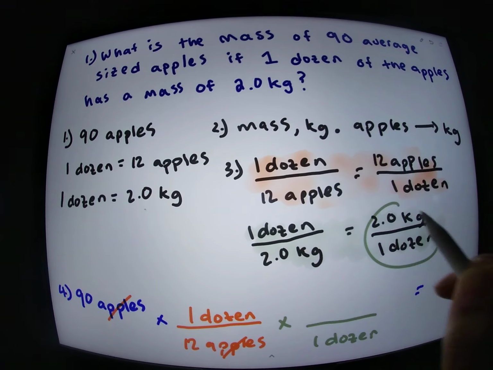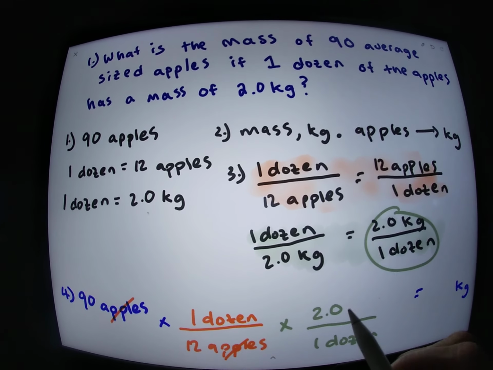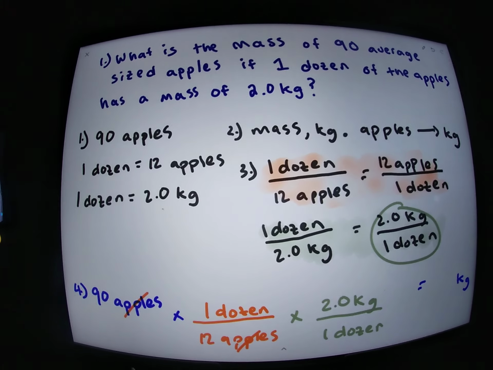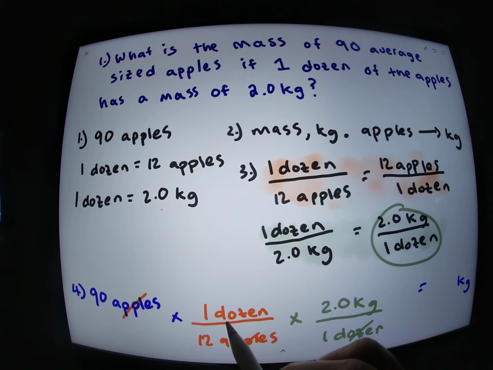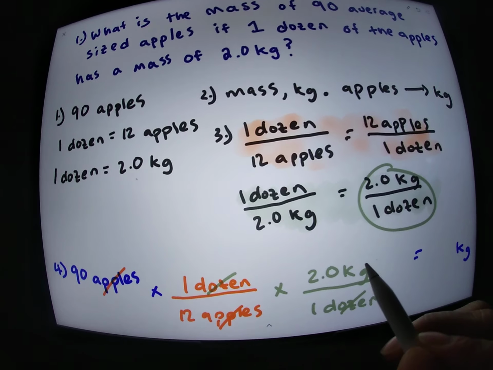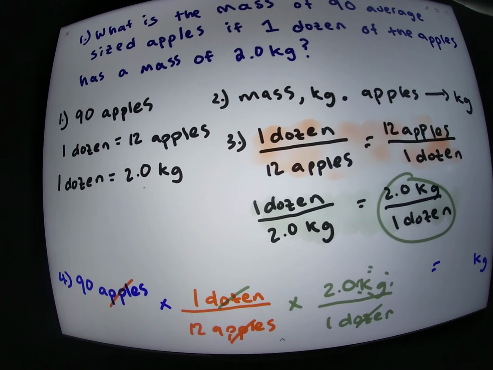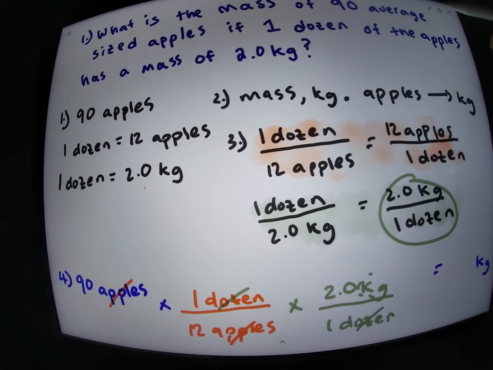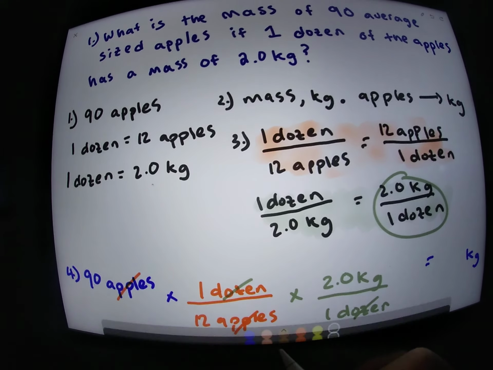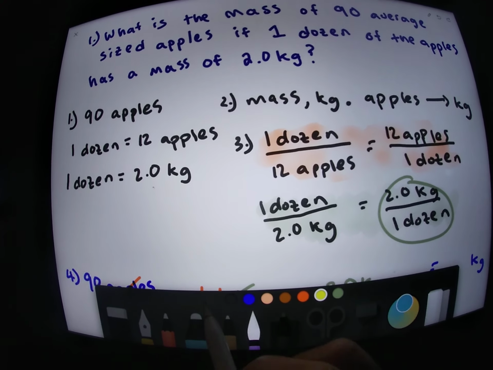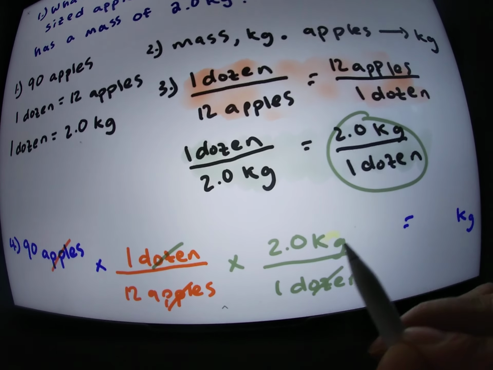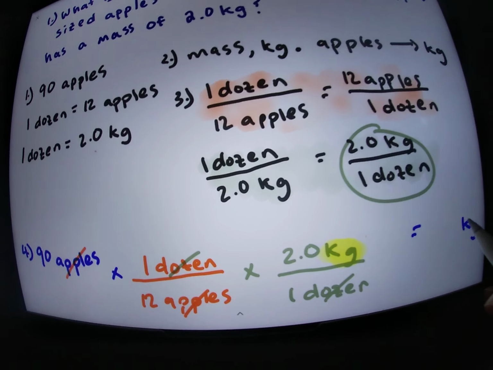We're going to use this one. 2 kilograms. The dozens cancel out. Now we're left off with kilograms, which is what we wanted in the end. Notice that the units we end off with are the units that we want.